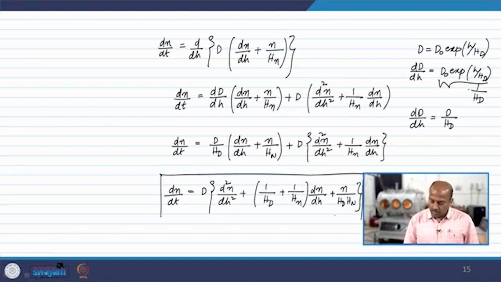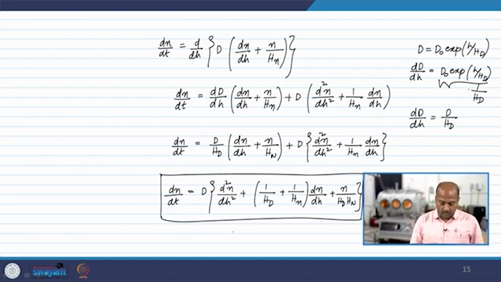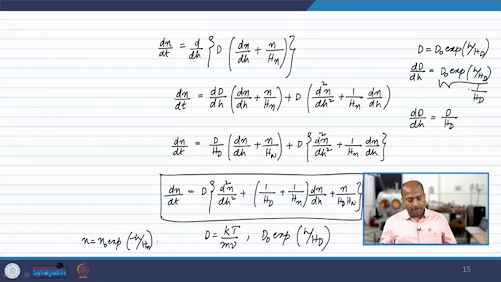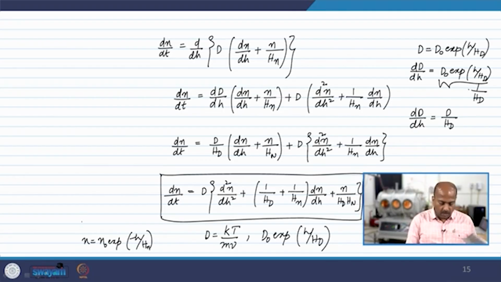It has the scale heights of small n as well as capital D, where D is kT by mu and varies as D naught exponential h by HD, and the concentration of minor species with respect to distance is N naught exponential minus h by HN. Okay. So, this is with respect to space, this is with respect to time.